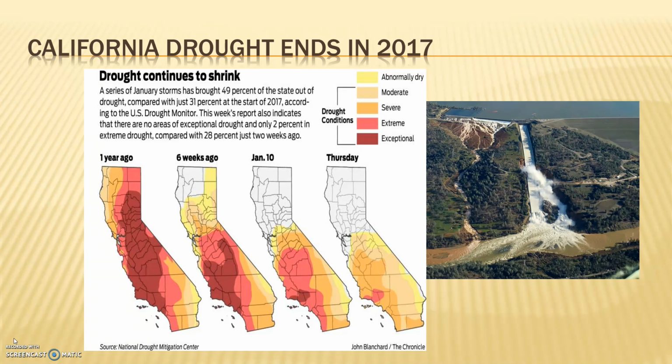So, in terms of California, the groundwater levels have not recovered yet, and it's uncertain as to when they will recover. This diagram depicts the exceptional drought condition in 2016, and then after January storms occurred, about 49% of the state was considered to be out of the drought situation because so much rainfall occurred.